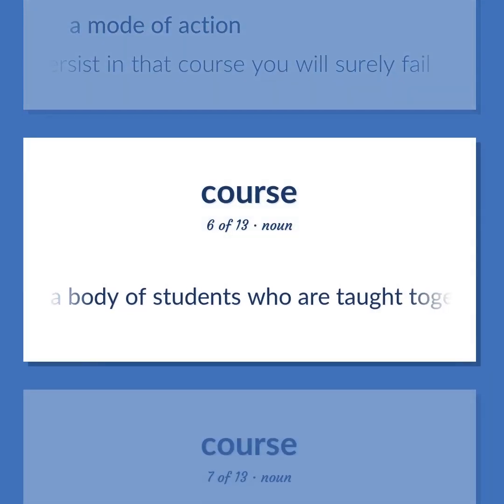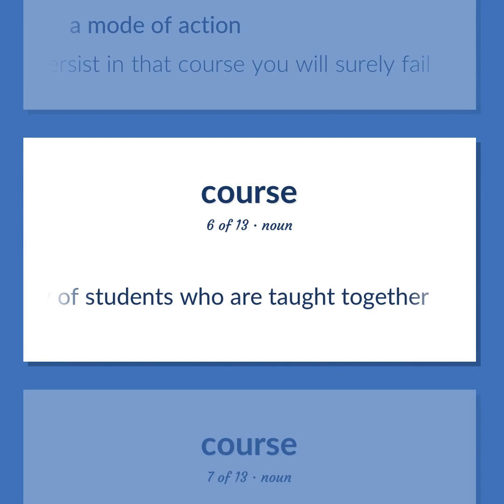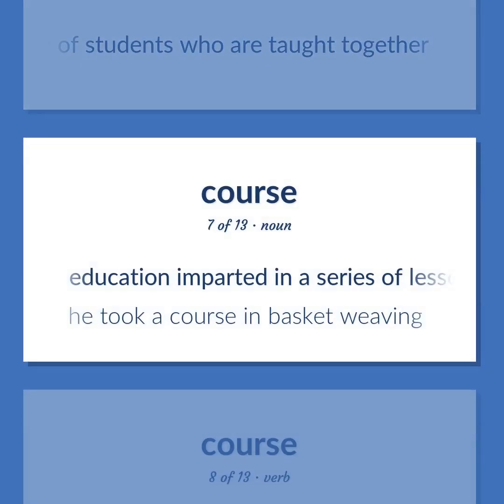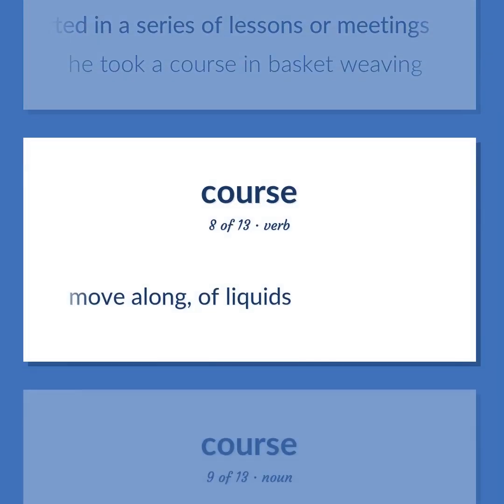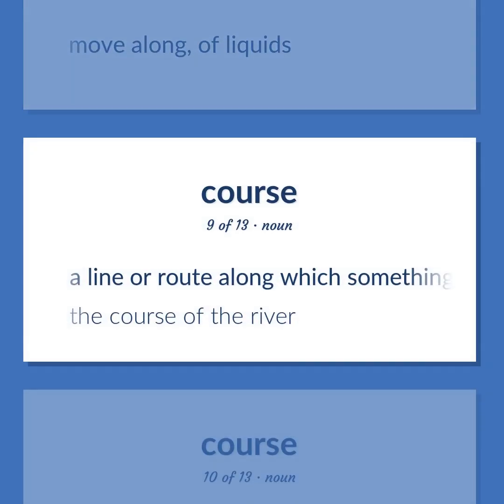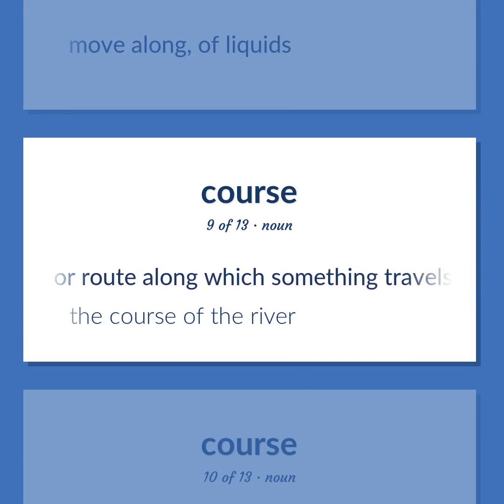A body of students who are taught together. Education imparted in a series of lessons or meetings. He took a course in basket weaving. Move along, of liquids. A line or route along which something travels or moves. The course of the river.